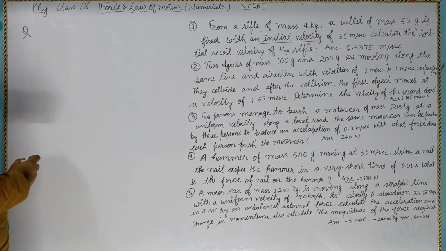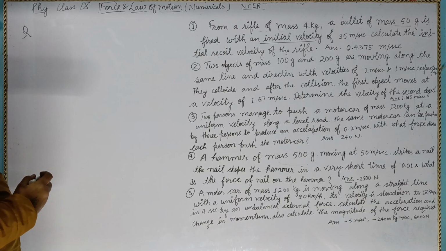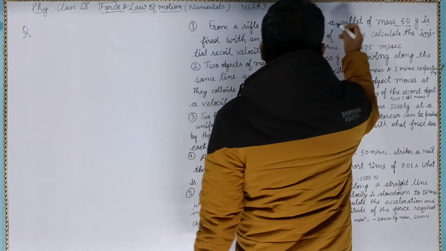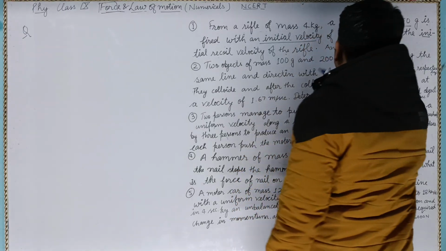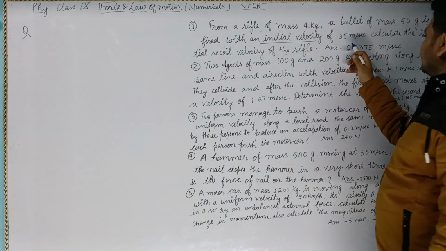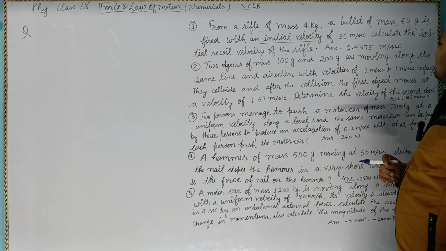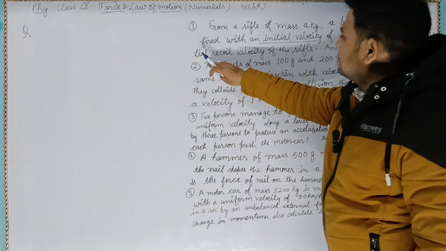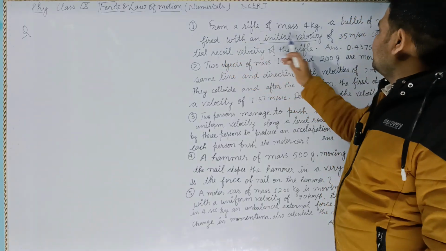From a rifle of mass 4 kilogram, a bullet of mass 50 gram is fired with an initial velocity of 35 meter per second. Calculate the initial recoil velocity of the rifle.